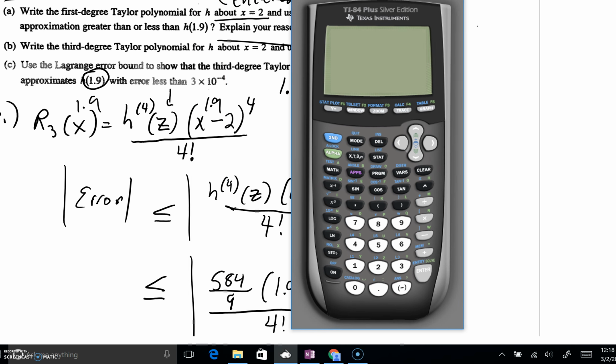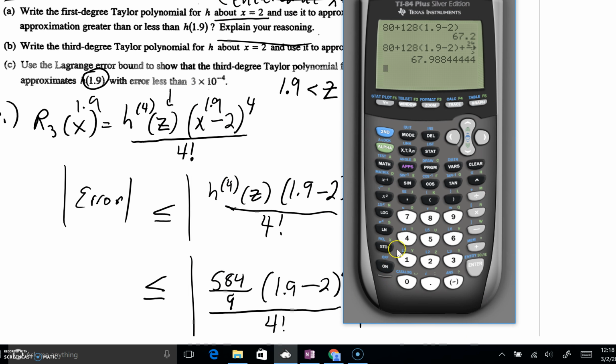So we'll take out our calculator real quickly. I'm going to go ahead and get alpha y equals. I'll get a 584 all over 9. And then we'll multiply that by 1.9 minus 2, all the way up to the fourth power, I believe.